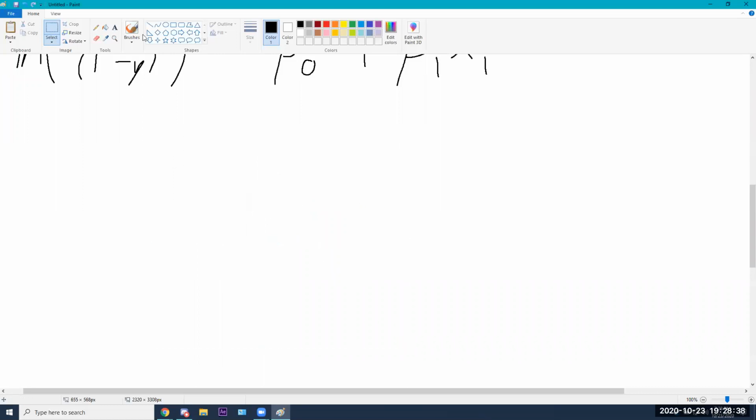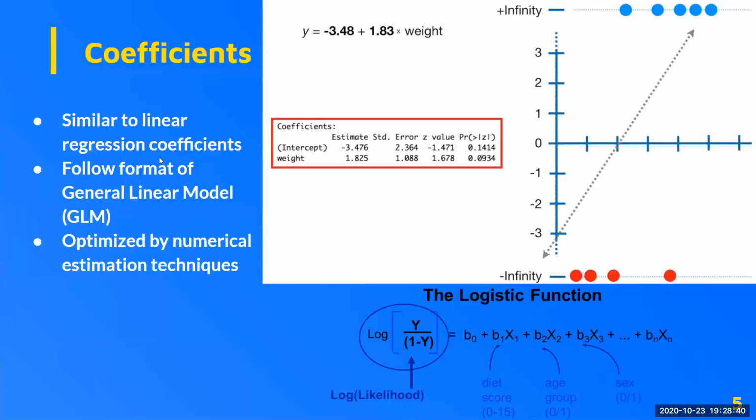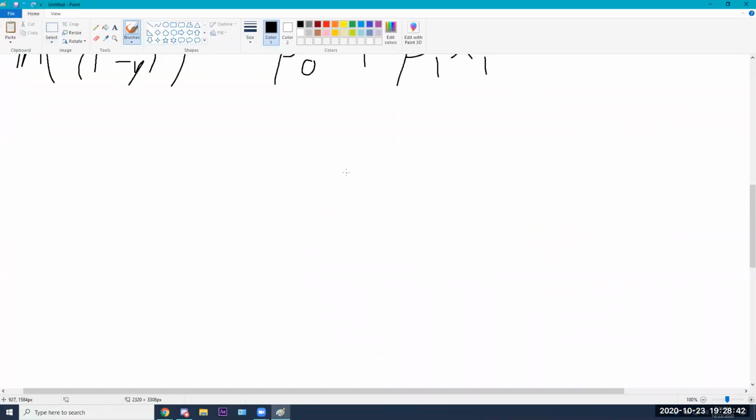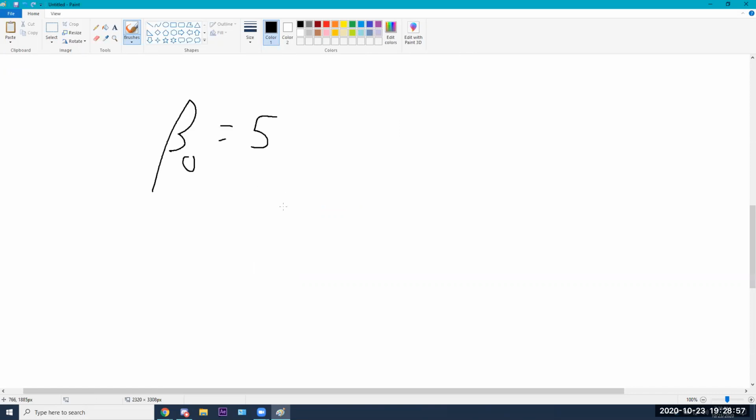And so what this might look like is, say for beta naught, the actual, most optimized value would be 5. Instead of just solving and getting 5 immediately, you'd start out at a random number, like negative 10 or something. And then essentially you just go around trying different parameters in an intelligent manner to try and get close to your target value.